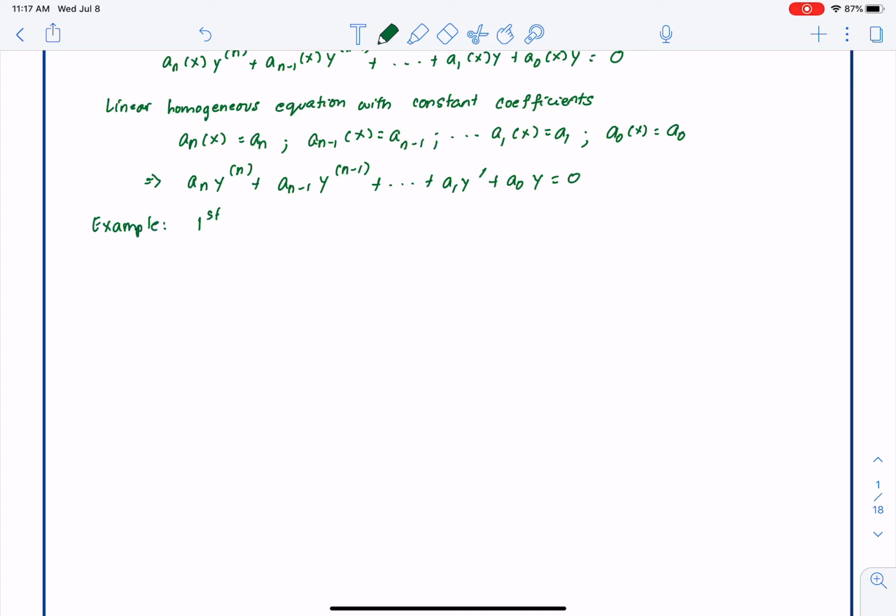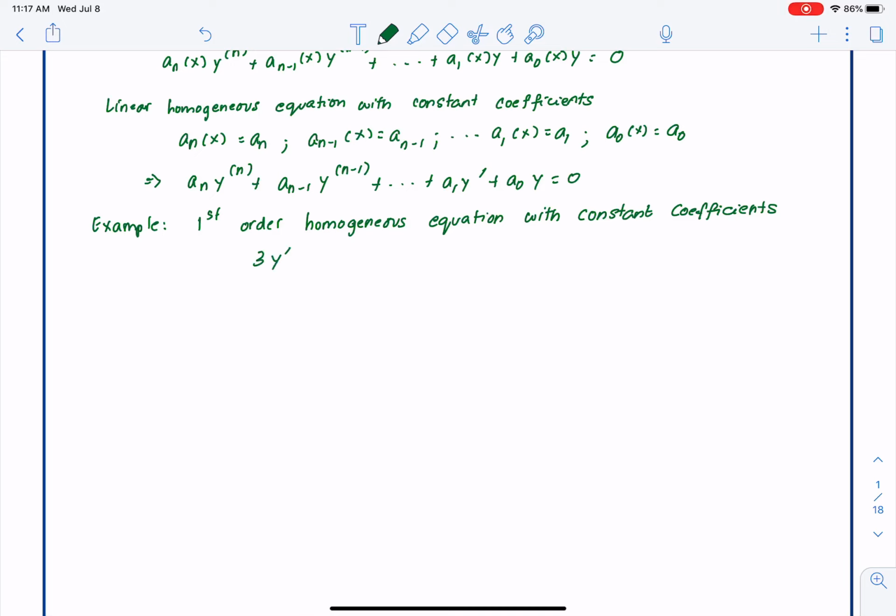A first order homogeneous equation with constant coefficients. First order, so we need to start with y prime.